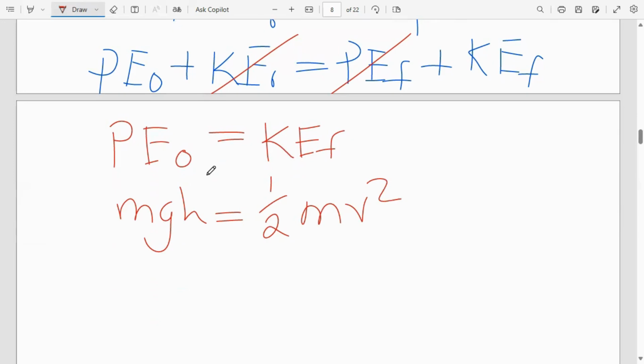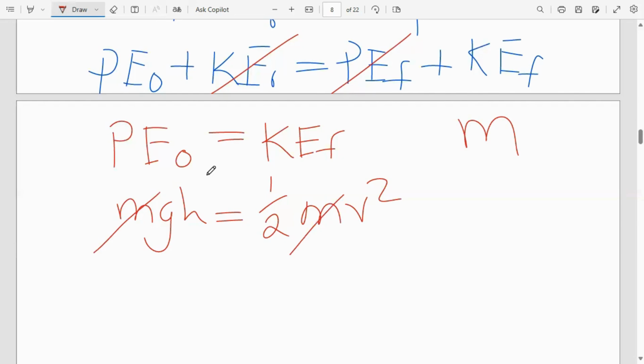Because they've said we should prove that the velocity is independent of mass, if we look at the mass of this object, you can see that m exists on both sides of our equation. The m of the ball appears on both sides, and hence we can cancel it out since it's common. So the mass leaves this side, and the mass leaves that side.